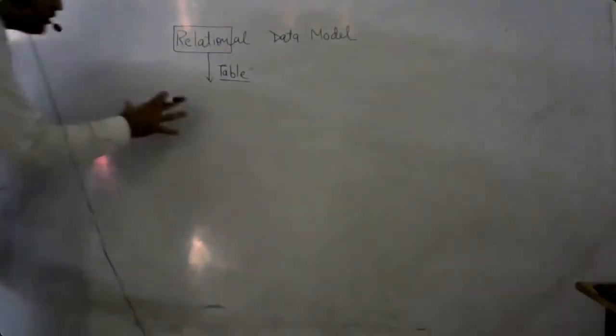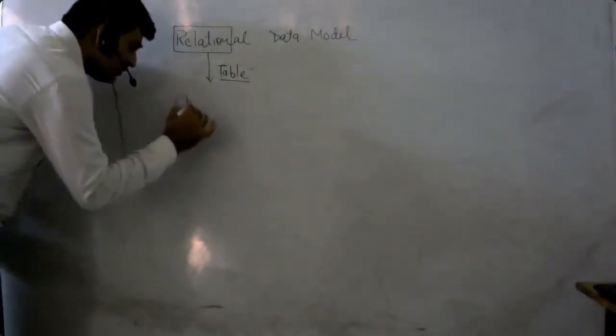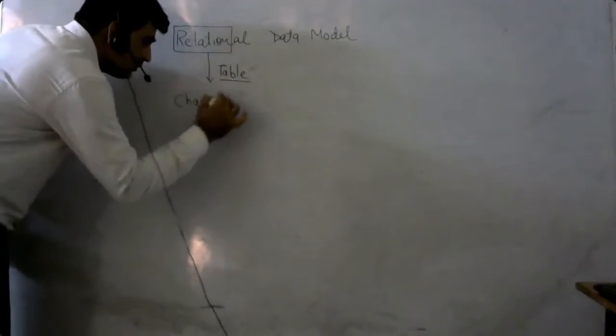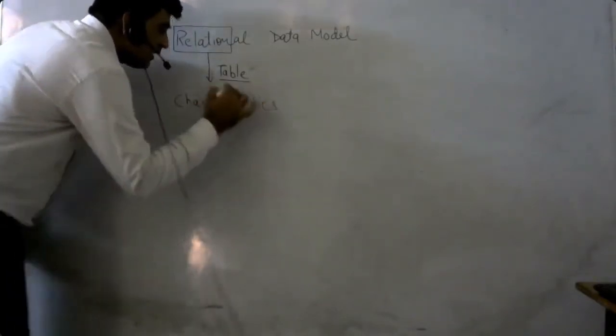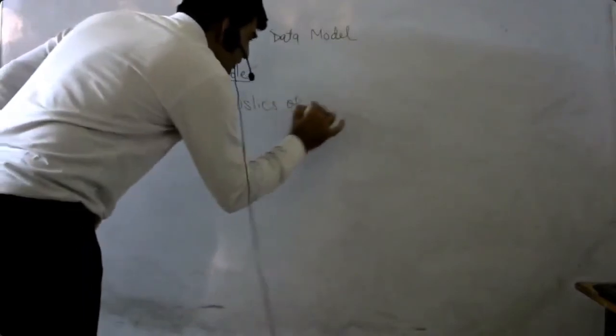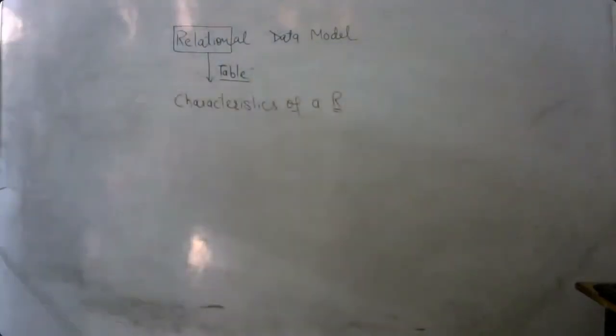Now we have to discuss the characteristics of a relation. Relation means here R. I'm writing R for the term relation.